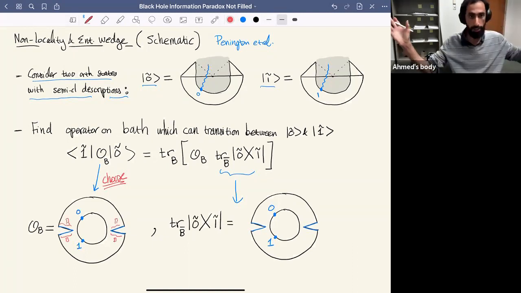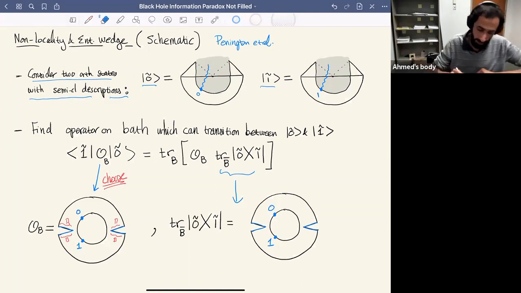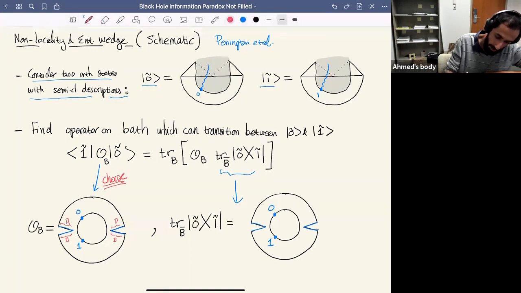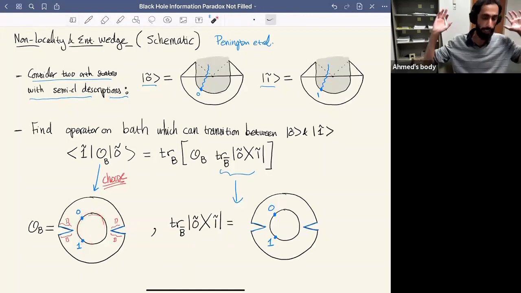It's a combination of the bath on both sides, and it's cleverly designed so that it has its own ADS spacetime with a particle 1 and a particle 0. I'm free to do that.